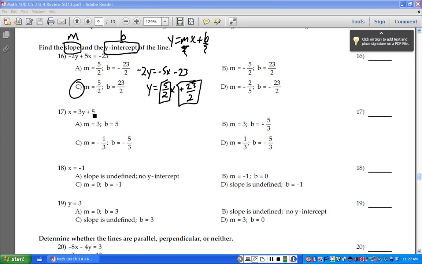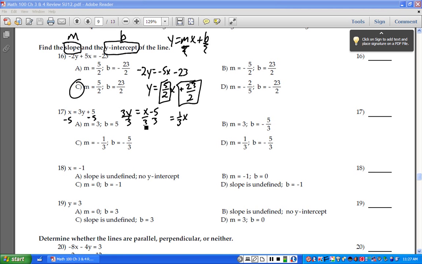Alright, 17, still going for slope-intercept form. Get my y by itself, so I should subtract 5 from both sides. And that gives me 3y equals x minus 5. Divide everything by 3. So this x over 3 is like saying 1/3 x.